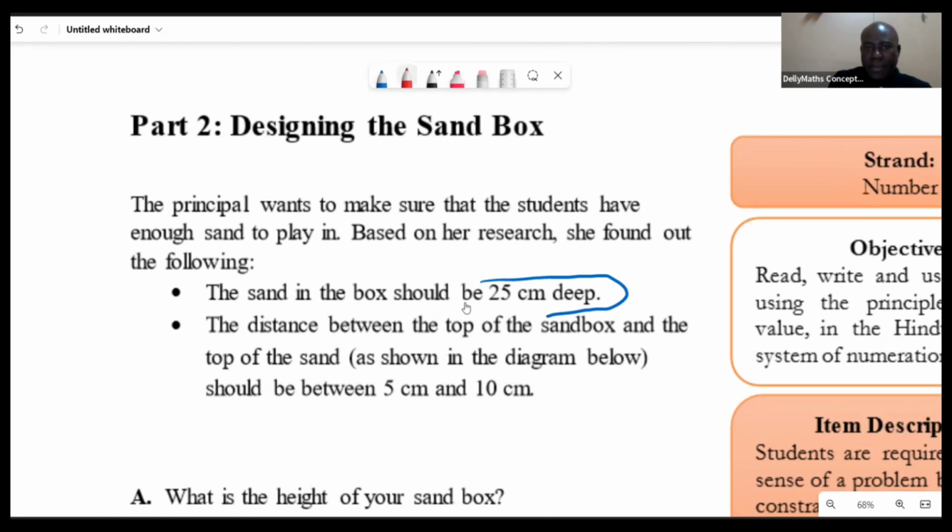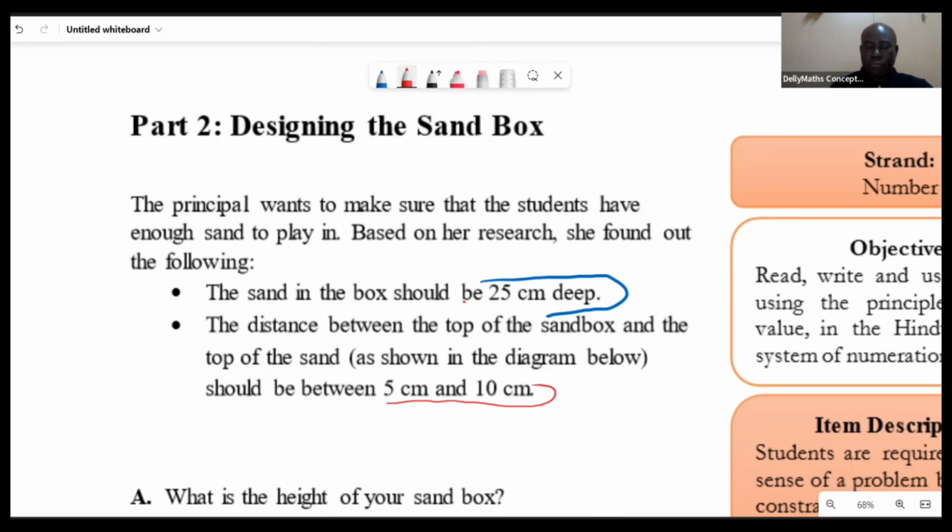So we're talking about 25 centimeters deep. The distance between the top of the sandbox and the top of the sand, as shown in the diagram below, should be 5 to 10 cm.